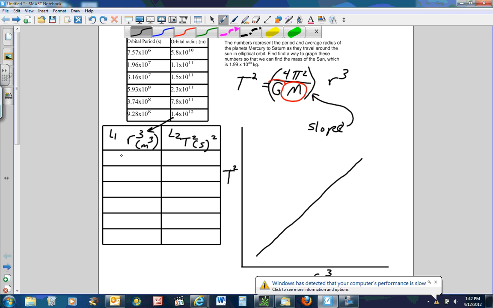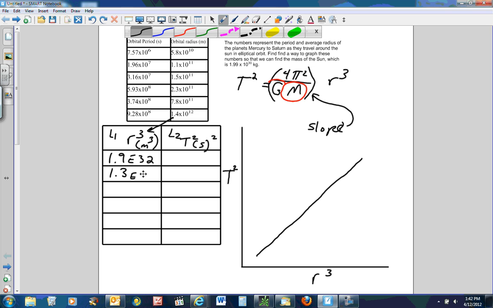This is numbers I got. 1.9 e to the 32nd, 1.3 e to the 33rd.